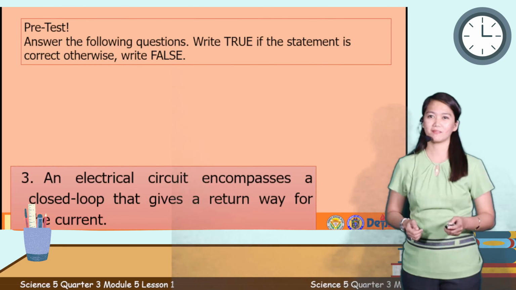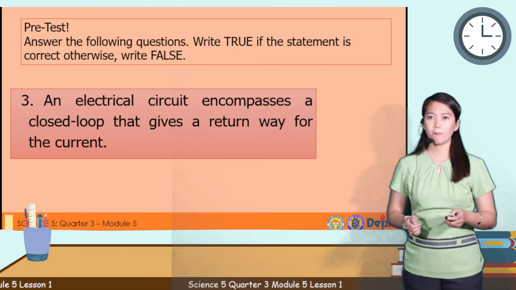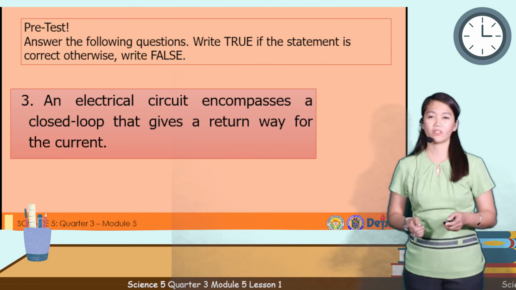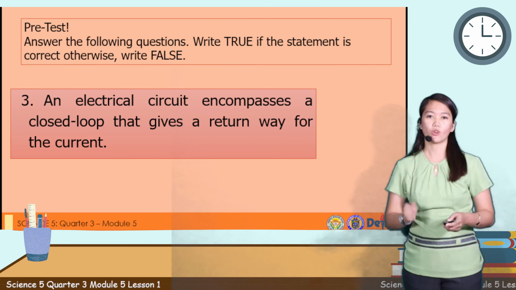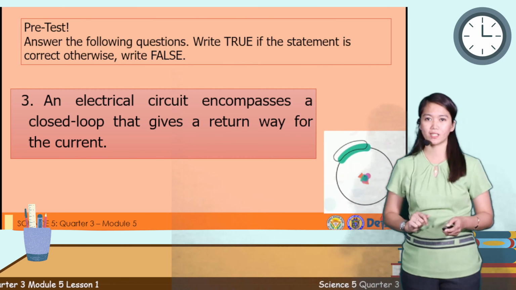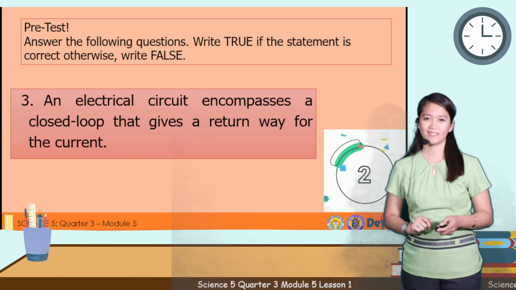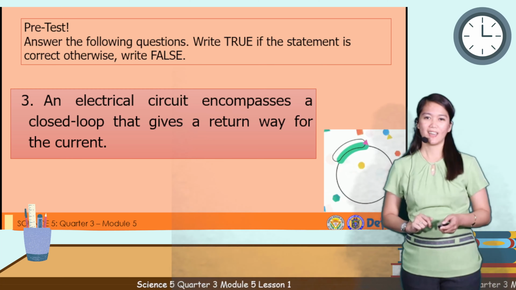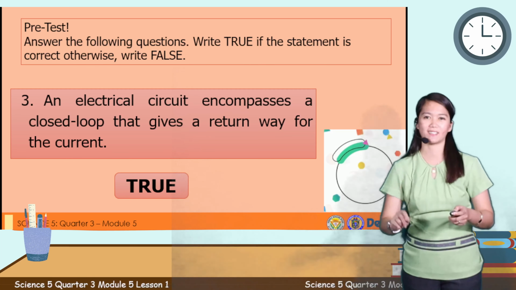Number 3. An electrical circuit encompasses a closed loop that gives a return way for the current. Your 5 seconds starts now. Now, if your answer is true, then you are right.